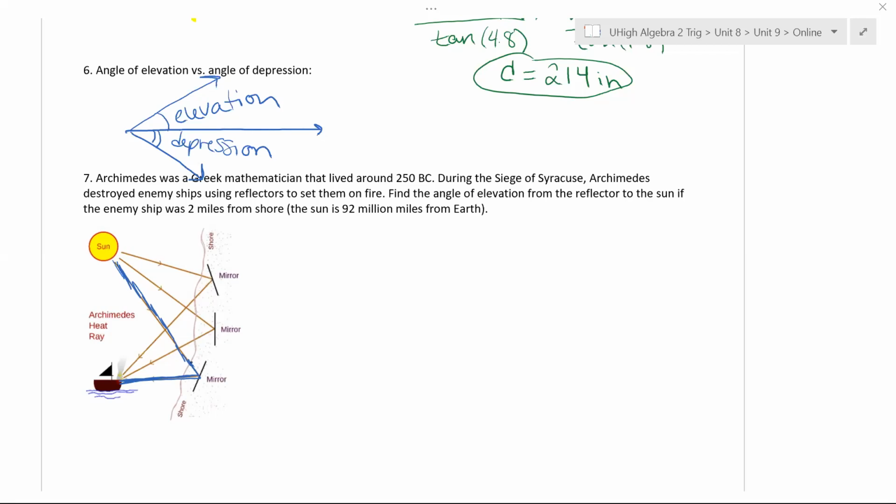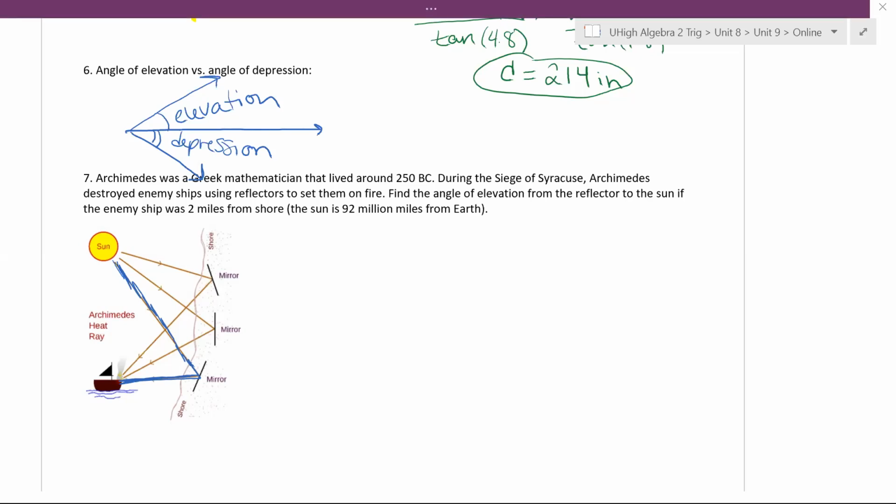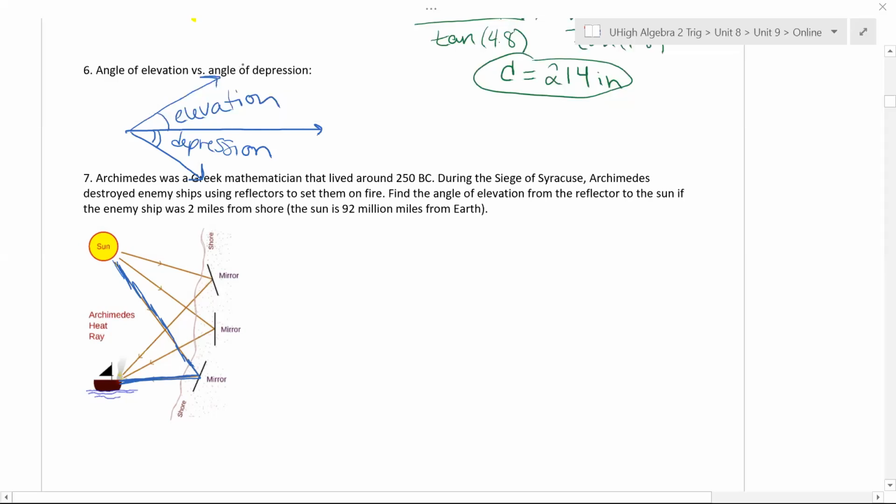And then we also know that the sun is 92 million miles from Earth. So what we're thinking in this diagram here is that we are 2 miles from the ship to the shore, and we are 92 million miles from our reflector to the sun.